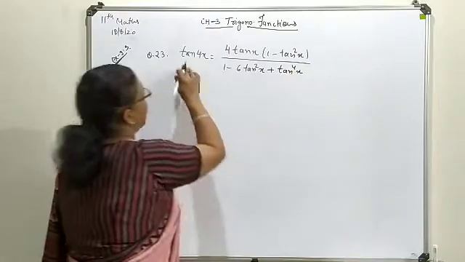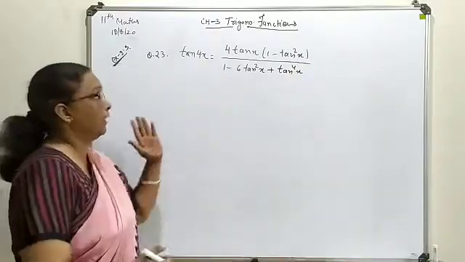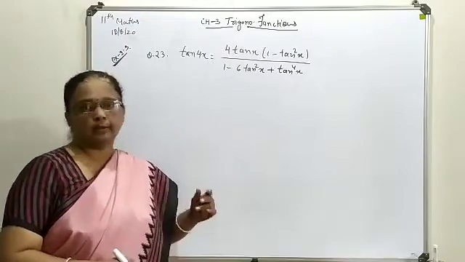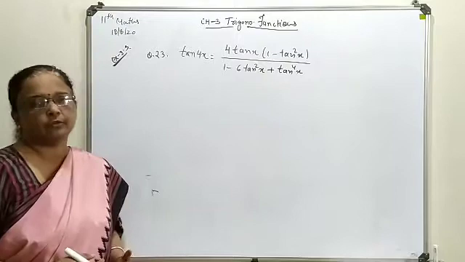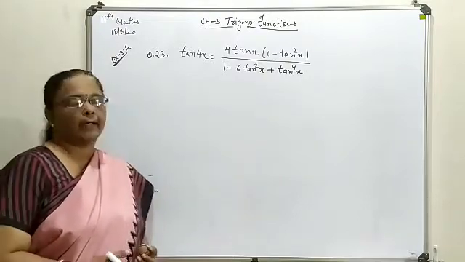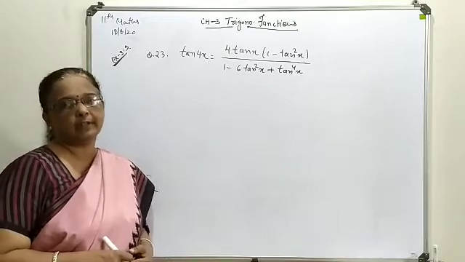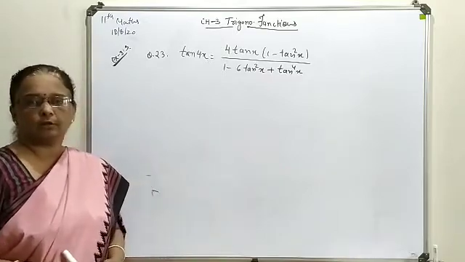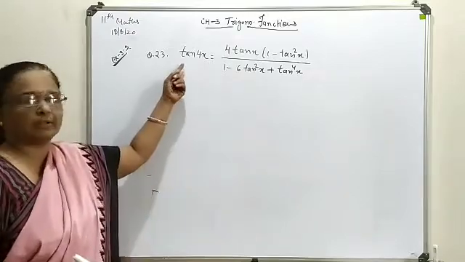You can see on the left hand side the angle is available in the 4x form, and your answer angle has turned into a single one, that is x. Means obviously we have to reduce the angle form, and to reduce the multiples of the angle we have only one way, that is to implement the formula of tan 2x or tan 2 theta. So here let's start with this single term.